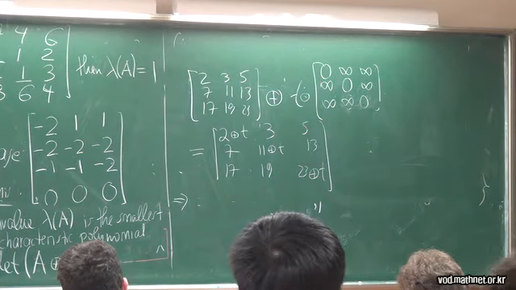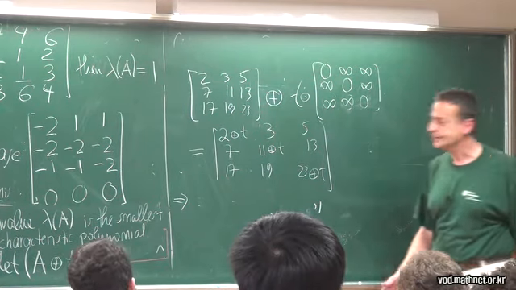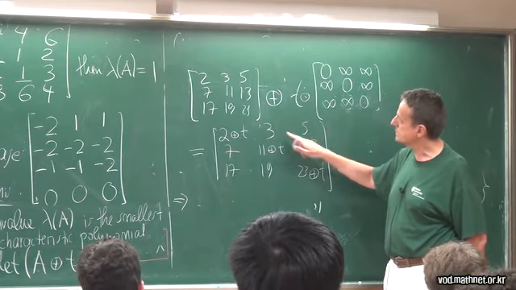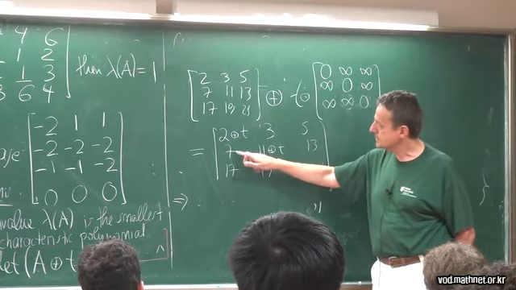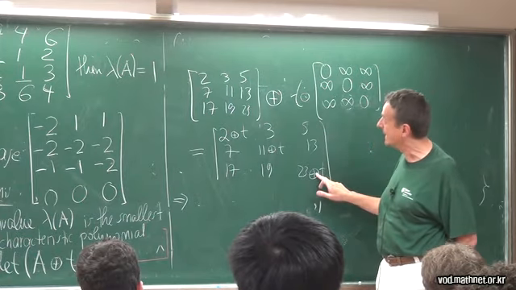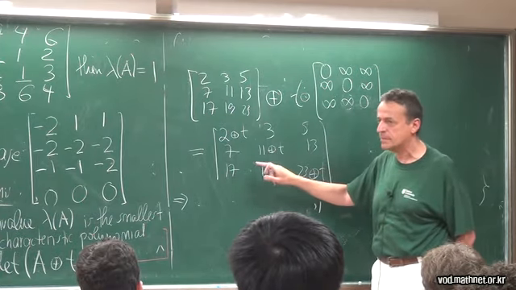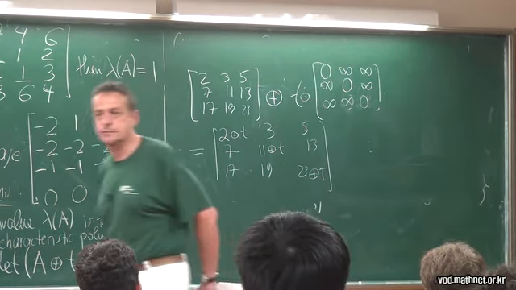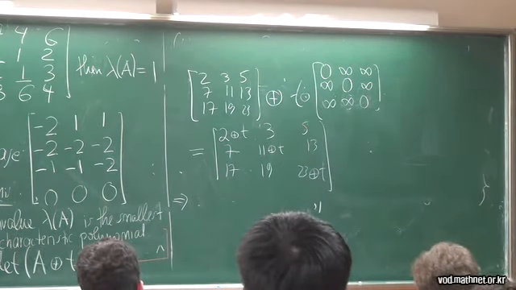So the tropical determinant, we know how this goes, right? This times this times this, plus this times this times this, plus this times this times this, and so on for all six terms. There's no minus. Well, permanent equals determinant.